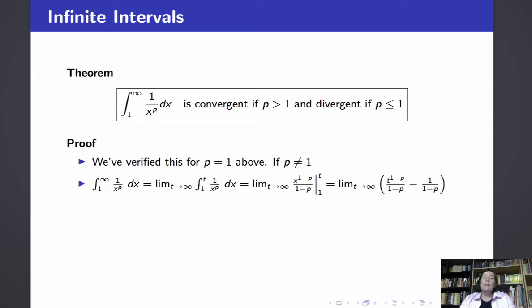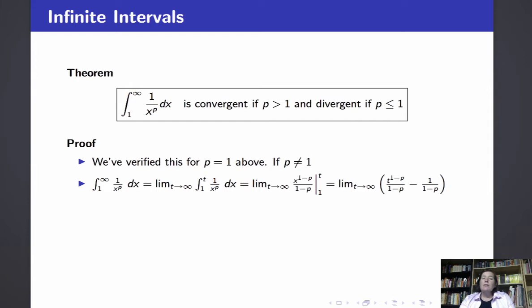And of course, an antiderivative for 1 over x to the p, which is equal to x to the minus p, is x to the minus p plus 1 over minus p plus 1. So we have this integral is the limit as t approaches infinity of x to the 1 minus p over 1 minus p evaluated at the endpoints between 1 and t.